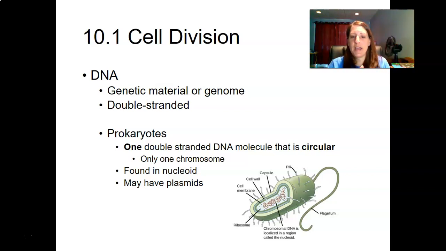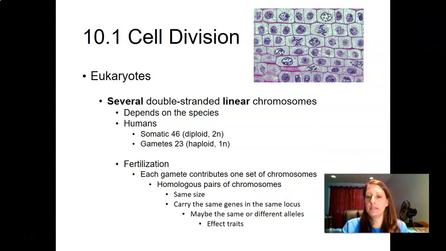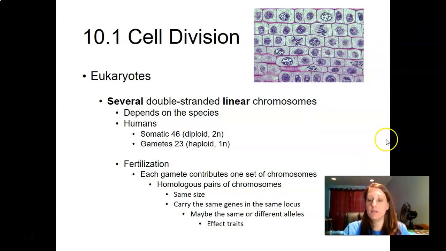So again, DNA is genetic material. We can also call that an organism's genome. It's double-stranded, and in prokaryotes, which usually have just one single chromosome, that chromosome is going to be circular. Now that's very different in organisms like us, or plants, or fungi, or even protists.